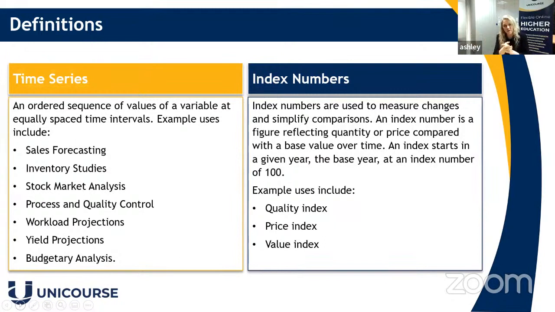So if all of the variables are exactly the same, then you will be able to predict future events. But think about that as a point of how that can be done and how that data can be pulled out as well. So moving on to index numbers.